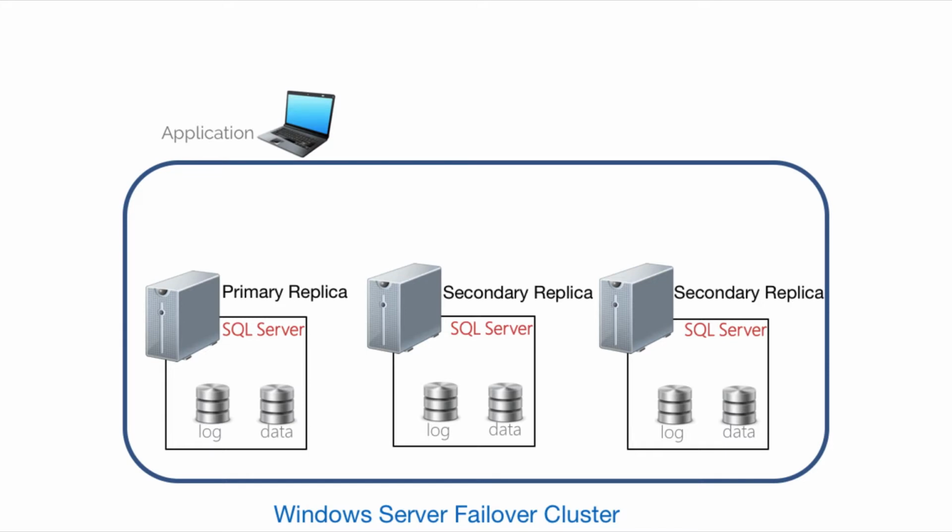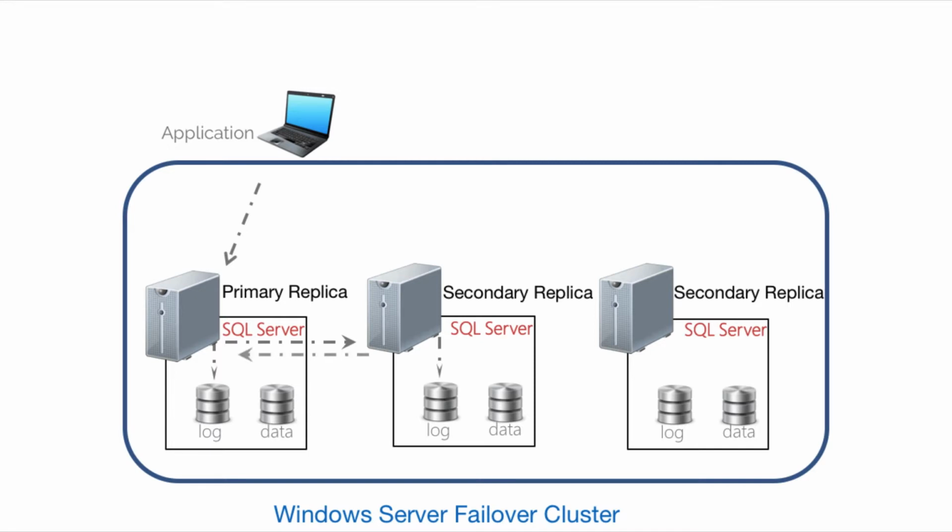Let's look at how availability groups work under the covers. We've already covered the failover clustering piece. Let's look at the availability group piece. When a client application sends a transaction to the primary replica, the primary replica will then write those transaction log records on the LDF file.